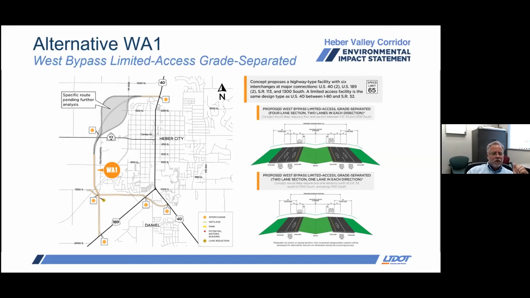Connections to this bypass would be accomplished through interchanges. We have 6 interchanges with this alternative, and we've highlighted those with these orange circles.